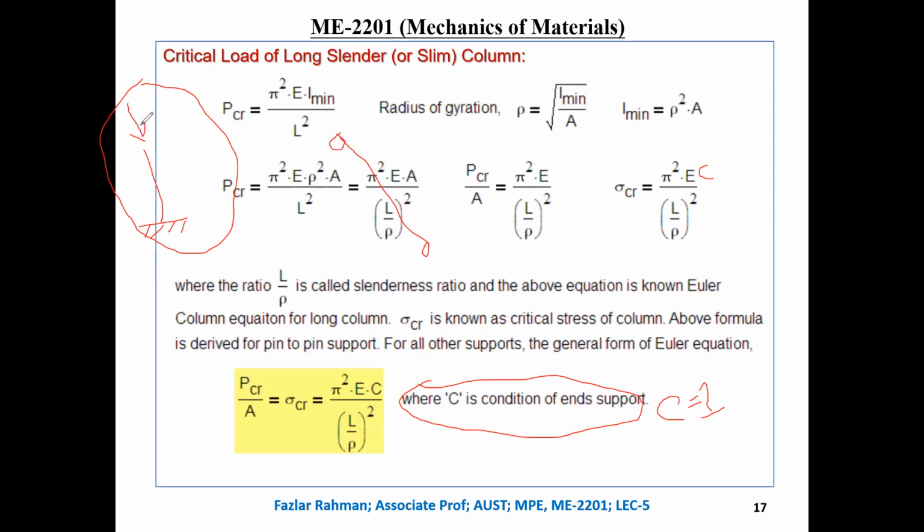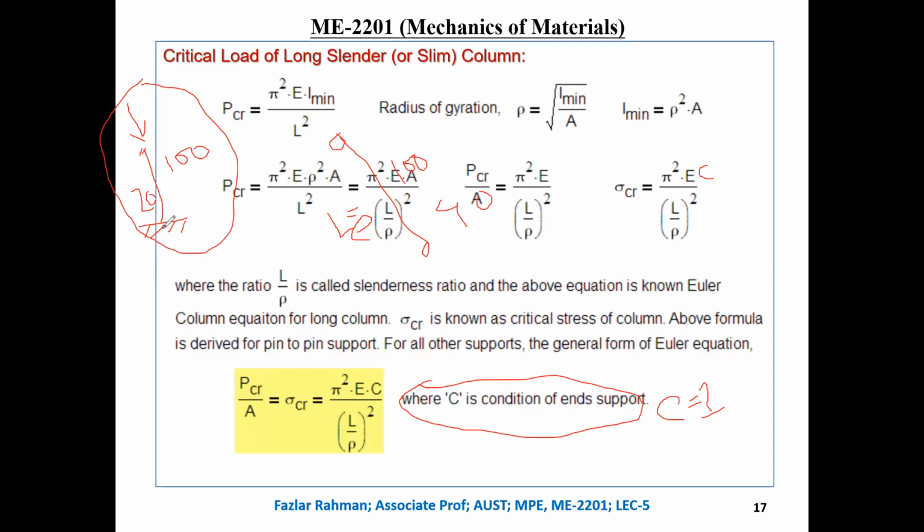That means if this column carries a load of 100 Newton, figure out the length of the same column with pin-to-pin support. This is called equivalent length of the pin-to-pin support. For example, if this one is 20, you might get this one equal to 40. That means a 40-meter long column with pin-to-pin support and a 20-meter long column with one end fixed, one end free will carry the same load.